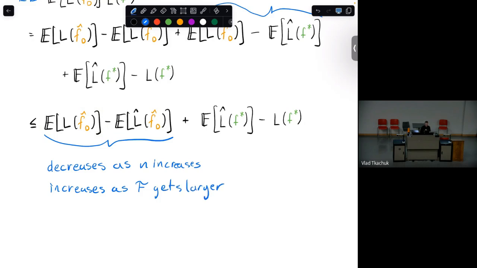Okay, and it's the same story for this guy, but this guy's not as interesting. This is just some fixed thing, and this is a good estimate of this for the most part. So the story boils down to this term here.